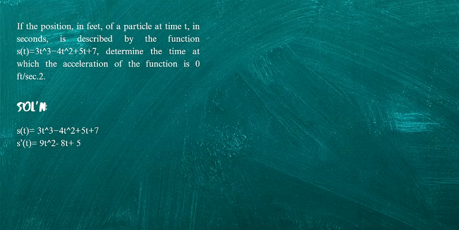Then, we can find the second derivative by taking the derivative of s prime of t using the power rule again. So we have the second derivative equals 18t minus 8. Therefore, the acceleration function is given by a of t equals 18t minus 8.